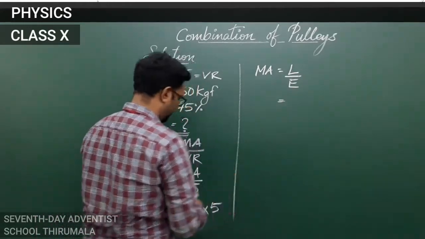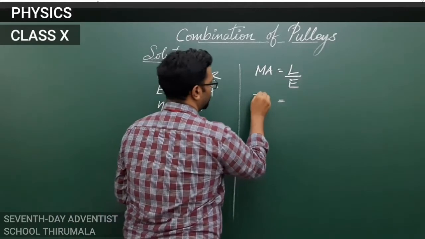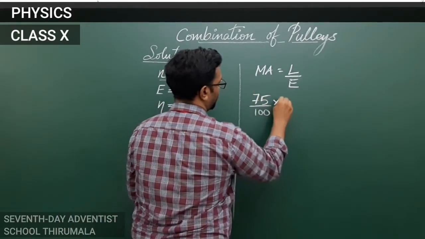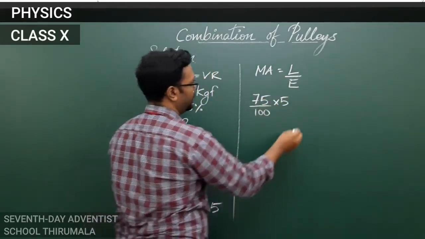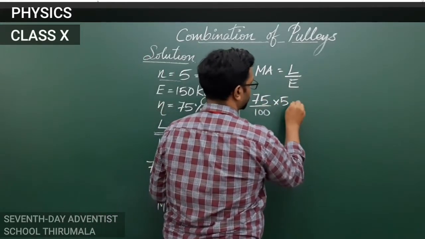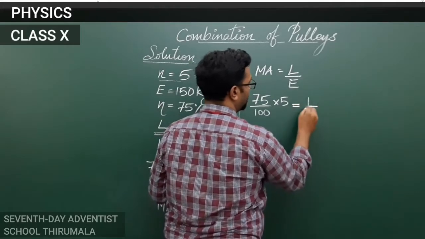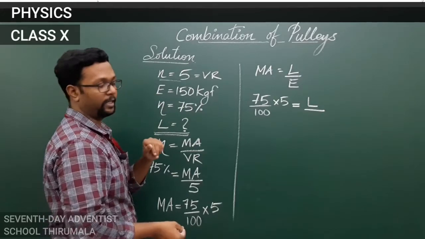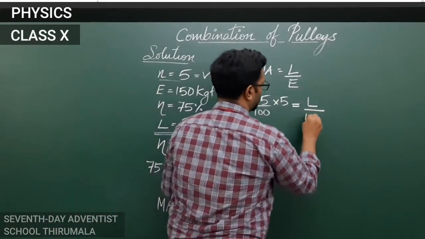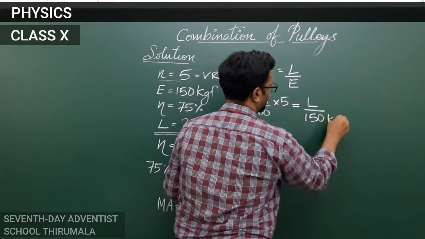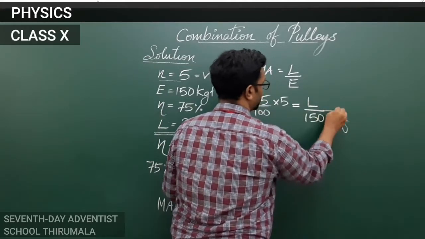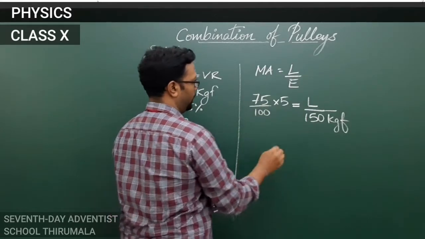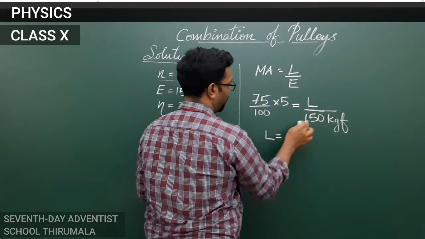Without simplifying, I am going to write it as a whole. 75 by 100 into 5 is mechanical advantage, which is equal to the load we are going to calculate divided by effort. How much is the effort E? 150 kilogram force. So for finding load, this 150 should go here. I am rearranging and writing it as load is equal to 150 here.